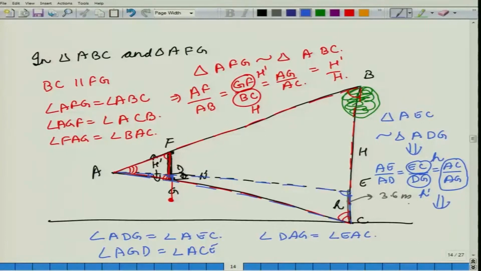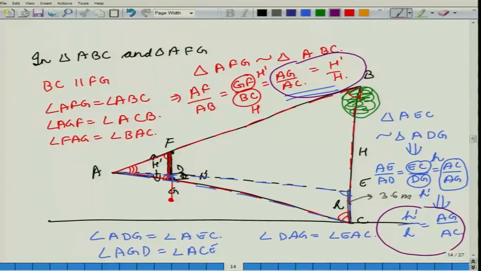So, this would give us that h prime upon h is equal to, taking the reciprocal of this, AG upon AC. Now, previously we have seen that AG upon AC is equal to H prime upon H. So, these two observations together give us that AG upon AC is equal to H prime upon H is equal to small h prime upon small h.